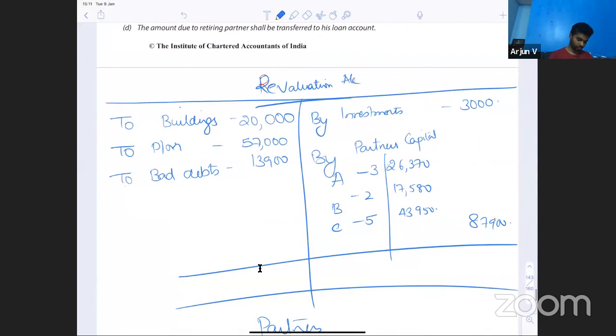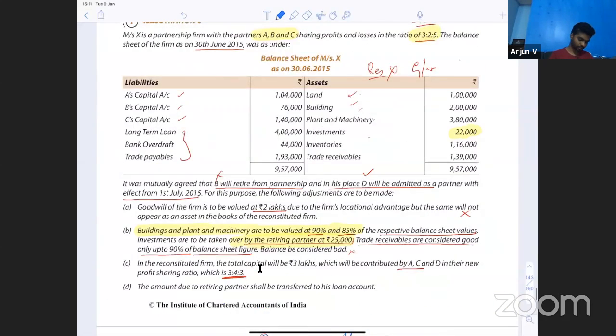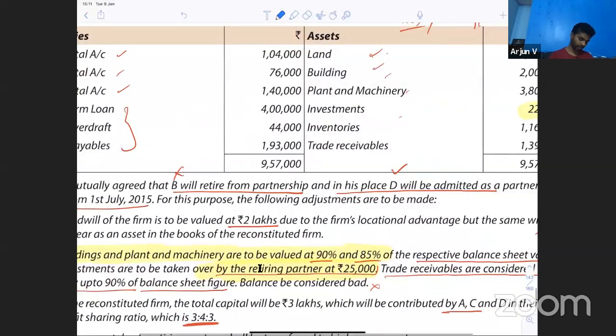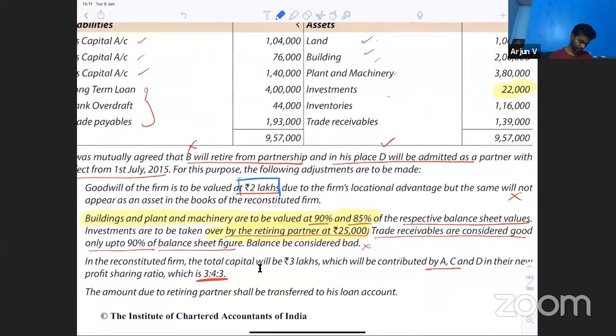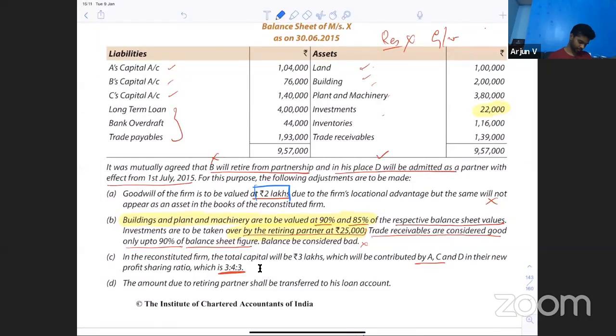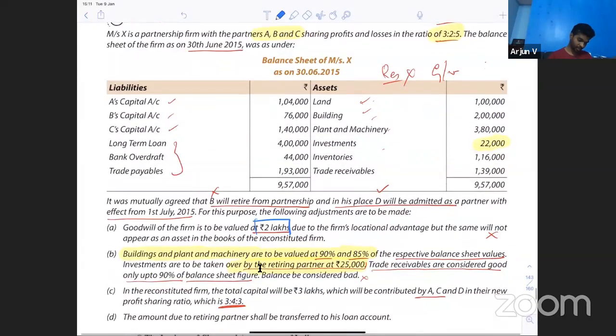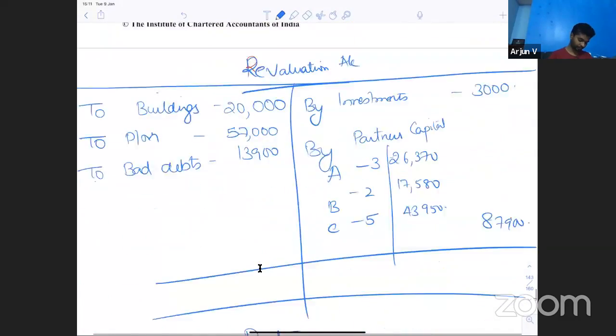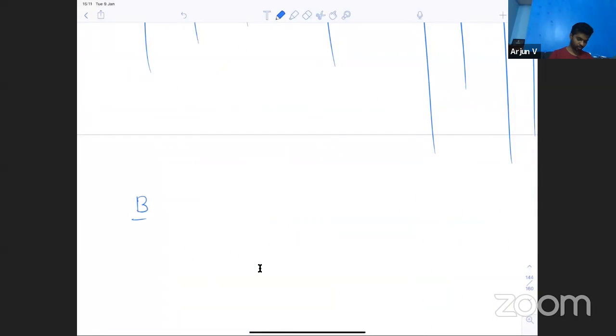Now we have to find out the goodwill value. See here, goodwill value is 2 lakh. Who's the partner who's retiring? The partner who's retiring is B. B's share of goodwill will be 2 by 10.